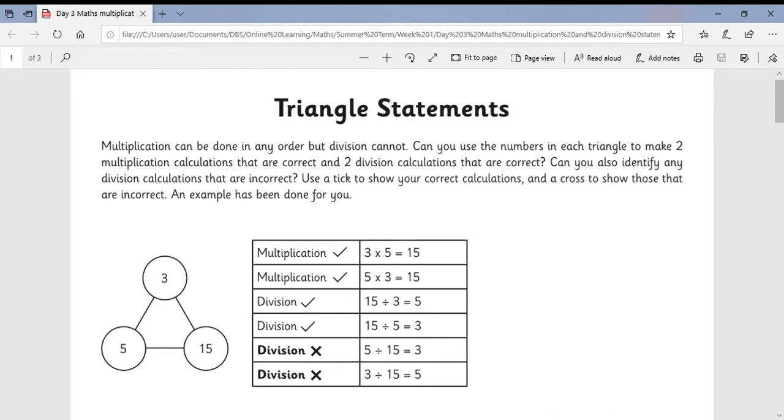Can you use the numbers in each triangle to make 2 multiplication calculations that are correct and 2 division calculations that are correct? Can you also identify any division calculations that are incorrect?